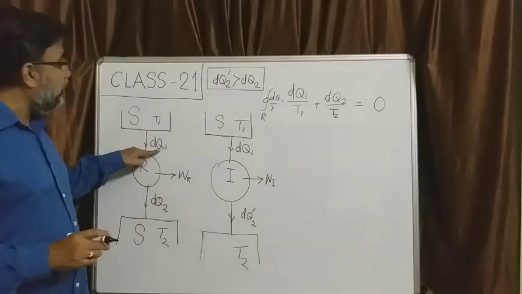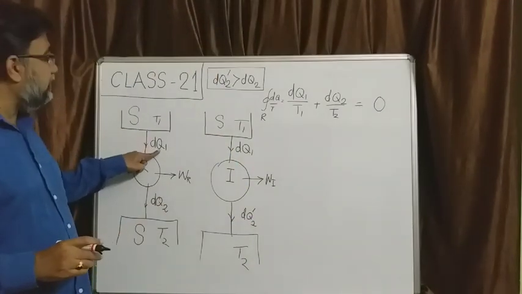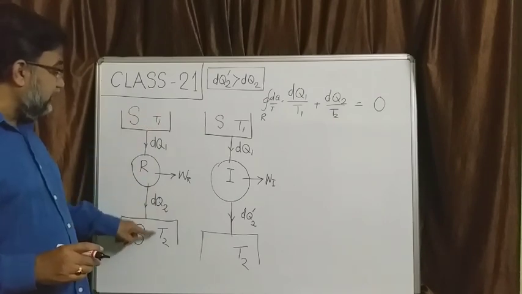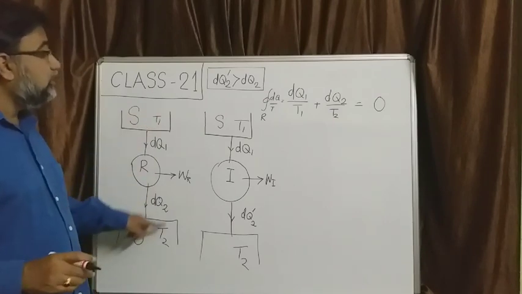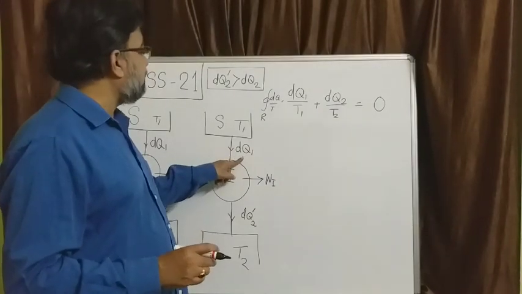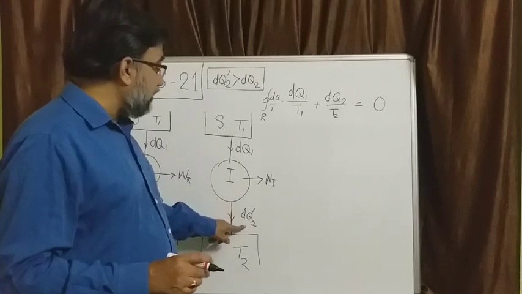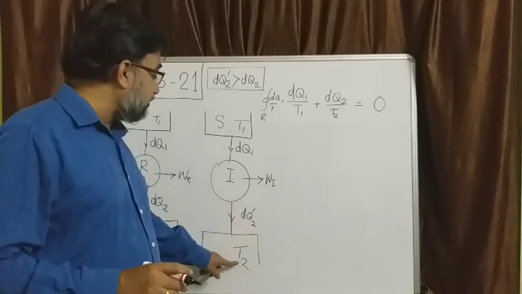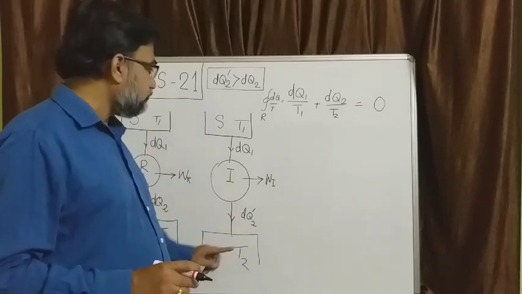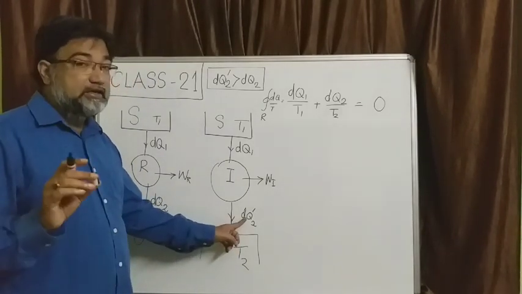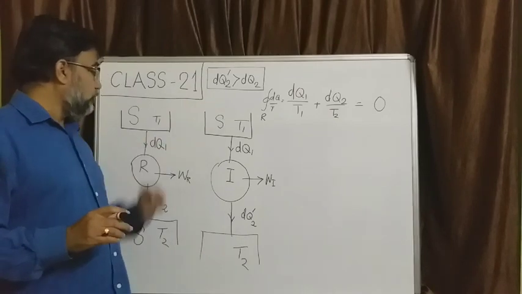So dq1 is the heat transfer taking place at temperature T1, and dq2 is the heat transfer taking place at temperature T2. Similarly here, dq1 is the heat transfer at temperature T1 and dq2 dash is the heat transfer at temperature T2. The only difference is dq2 and dq2 dash, and dq2 dash is higher than dq2. Okay.